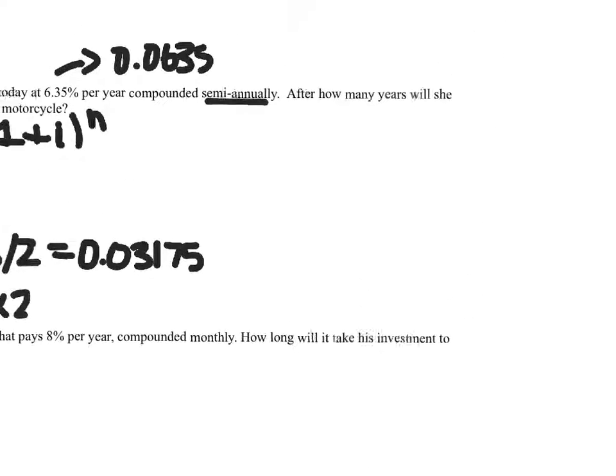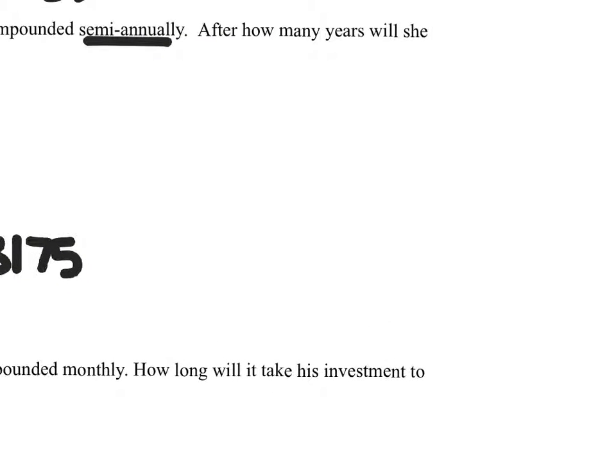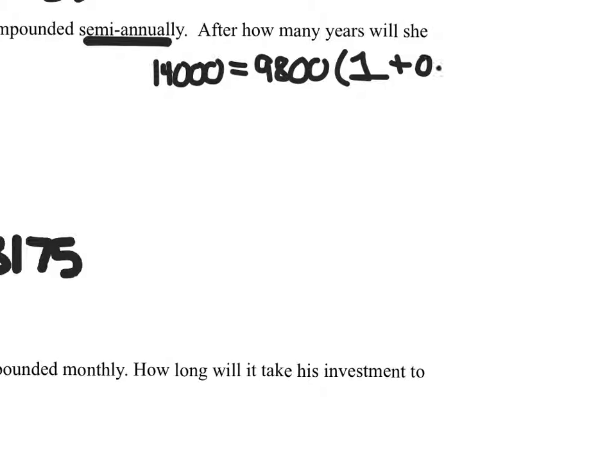And this is going to bring up some older concepts that we've gone over. So we have 14,000 equal to the initial value, 1 plus that interest rate that we solved for, to the exponent of our unknown.